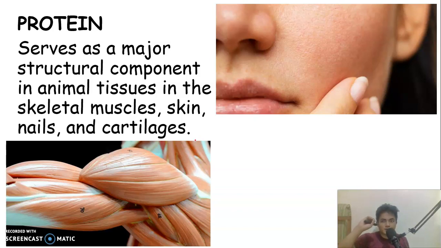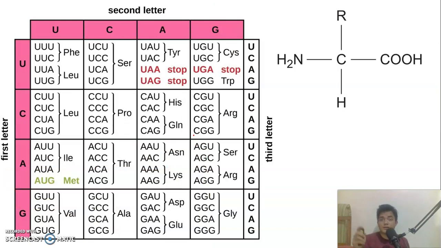First, it is a major component of your skin, your muscles, your nails, and your cartilages. Your nails are purely protein. They are very dependent on this type of biomolecule. Protein comes from what we've discussed, remember? This is from the RNA.